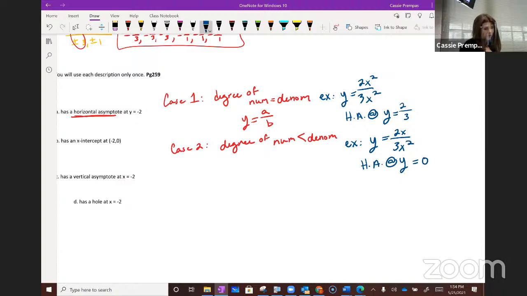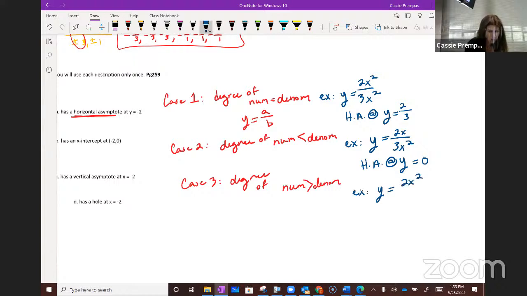Good. Y equals 0. And lastly, case number 3. If the degree of the numerator is greater than that of the denominator. Example, one of these would look like y equals 2x squared over 3x. Then there is none. So those are the 3 cases, y equals A over B, y equals 0, or none.